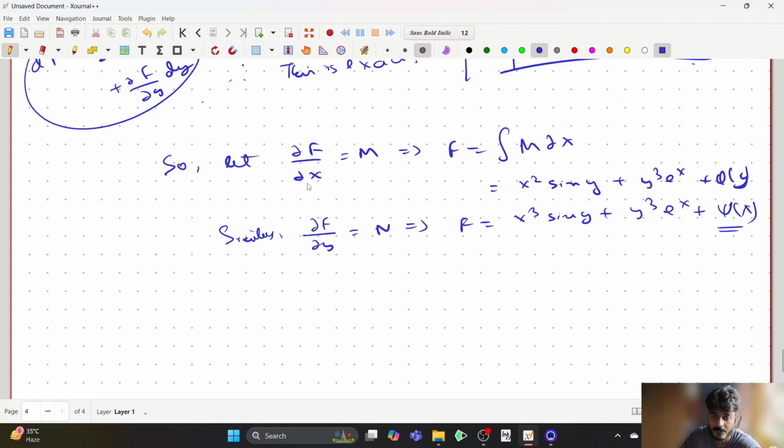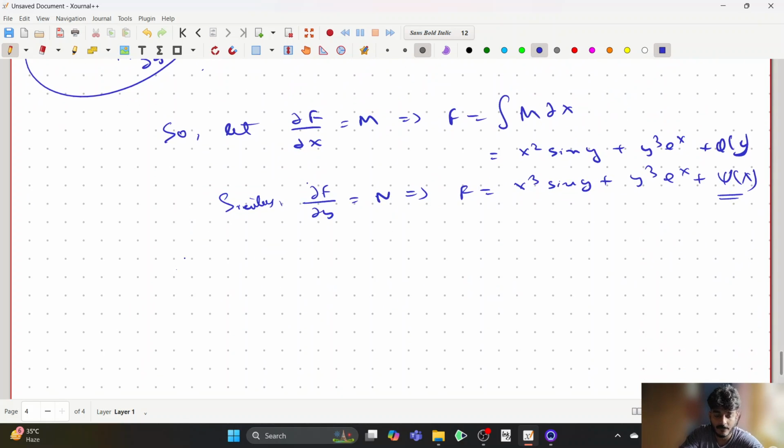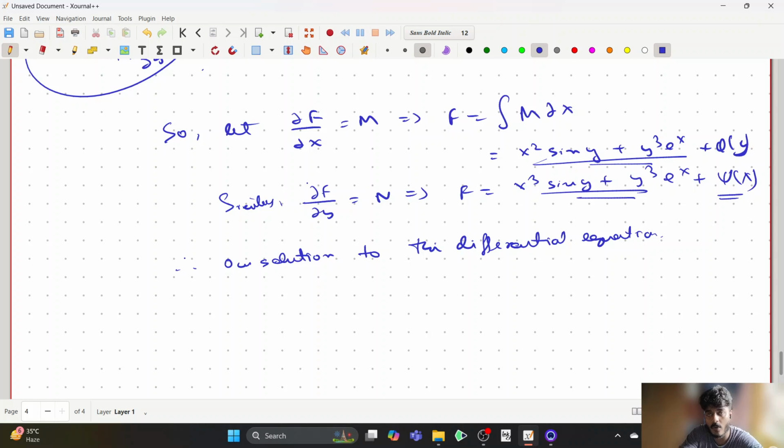Therefore, our solution to this differential equation: how do we write it? Just write each of the expressions you have got for f one by one. If there are some repeated elements, write them only once, and that equals an arbitrary constant c.